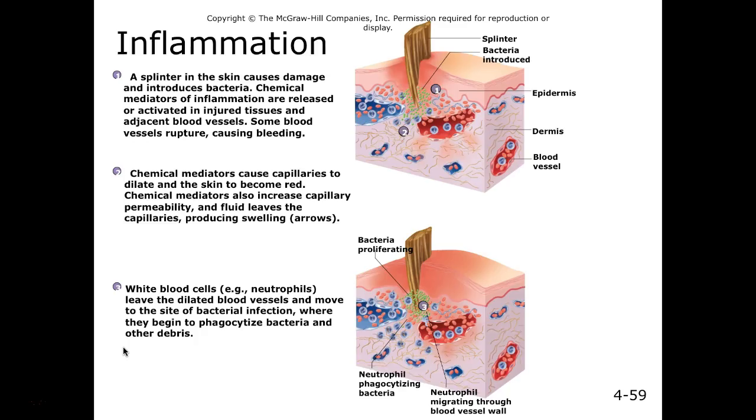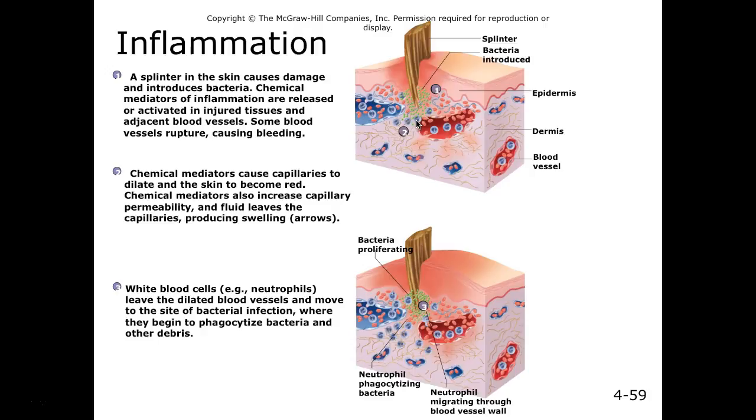So here are the steps in how this kind of takes place. We'll dive into this a little bit more in our immune system. But when we have damage, like a splinter going into our skin, we are going to introduce some bacteria into the affected area, and immediately we will have our chemical mediators giving off our chemicals, our leukotrienes, our histamines, and so on.